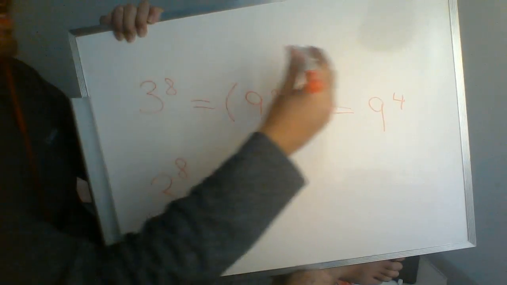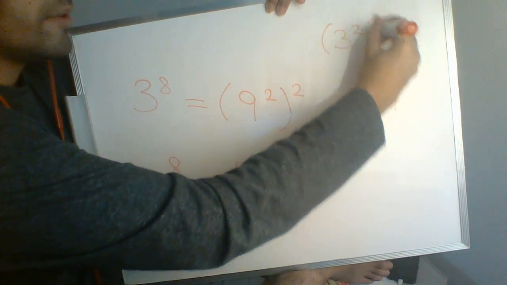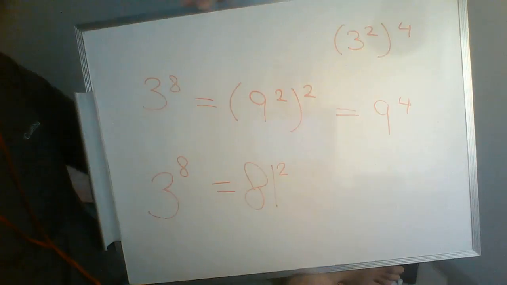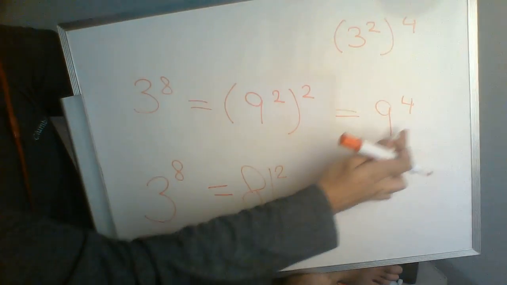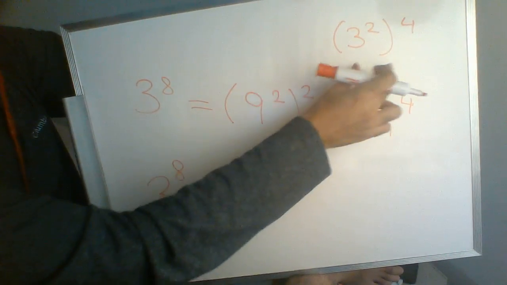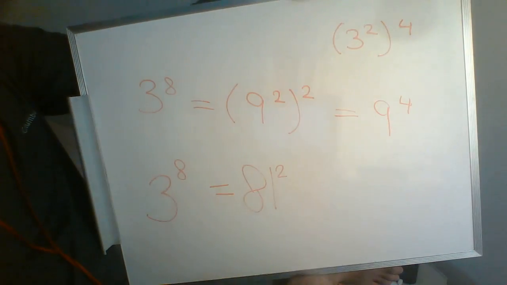But we know that 9 is the same as 3 squared, to the exponent 4. Right, so 9 is the same as 3 squared, but because we had 9 to the exponent 4 over here, we have to take this 3 squared and raise it to the exponent 4 over there.